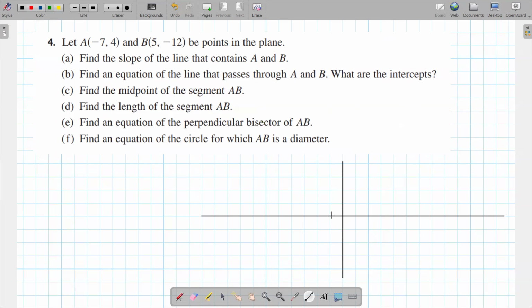-7, 4. 1, 2, 3, 4. And then 5, -12, which is just going to be 1 unit up.